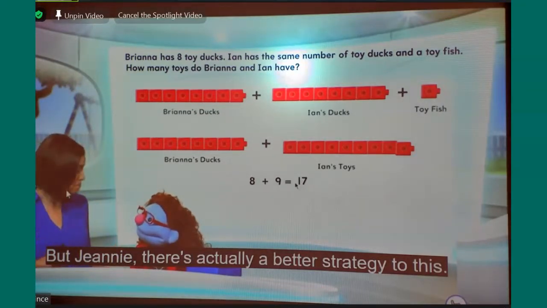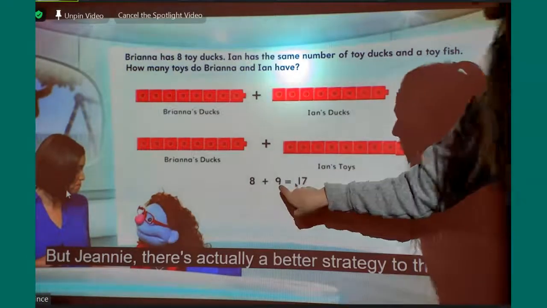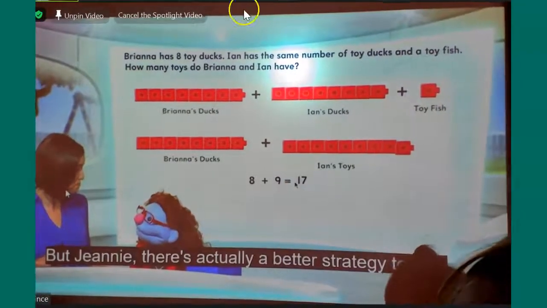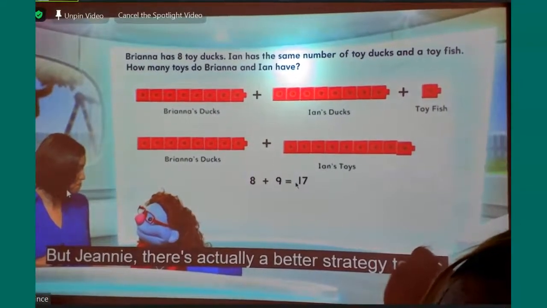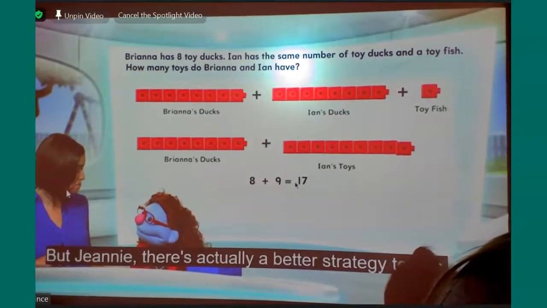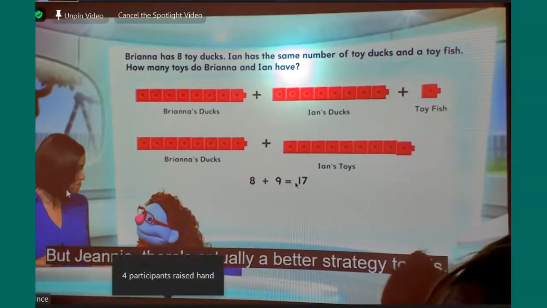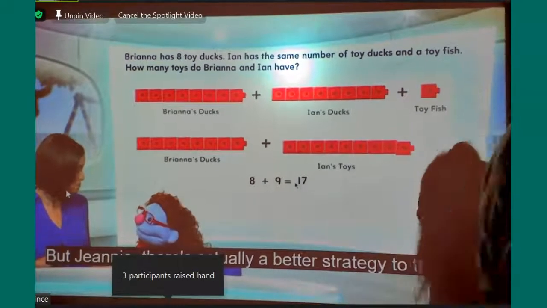Before we see what that strategy is, do you guys know what they're going to do to this 9? I want to see if you guys can solve it before she does. So make sure you raise your hand. I'm looking around. I'm trying to see who I haven't heard from in a while. Kieran, what could they do to this 9?